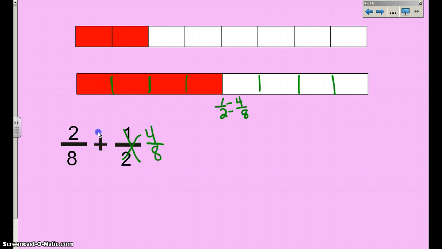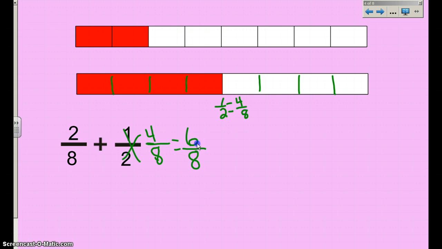And I can also just go to the top and count my red spaces. 2 on the top plus 4 on the bottom. 2 plus 4 equals 6. And we did not change the number of equal parts, so it's still out of 8. So 2/8 plus 1/2 is equivalent to 6/8.